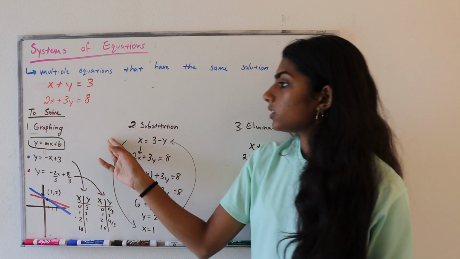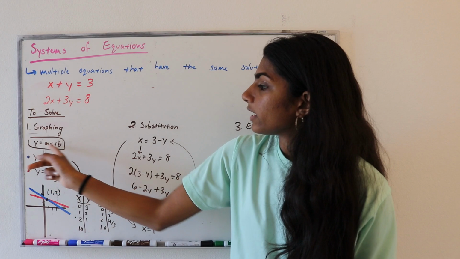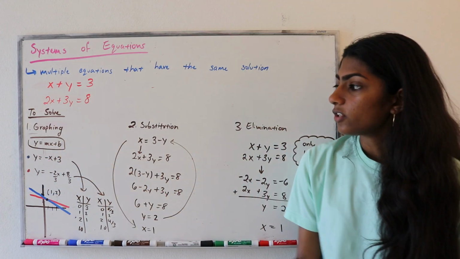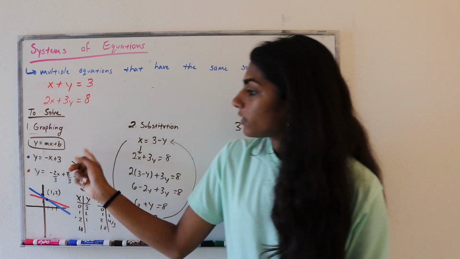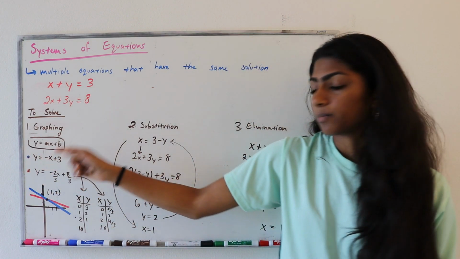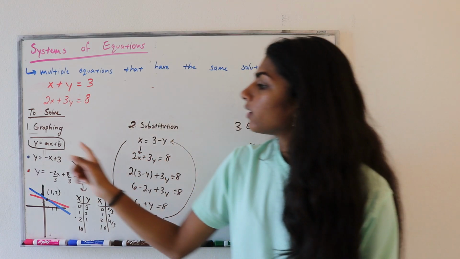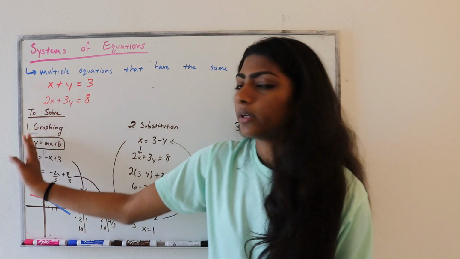For this, you'll need to know how to put these equations into graphing form, or y equals mx plus b. This you'll learn more in depth in algebra. In y equals mx plus b, you'll have y on one side of the equal sign, and mx plus b on the opposite side. This allows us to put any number in for x and get an output y.